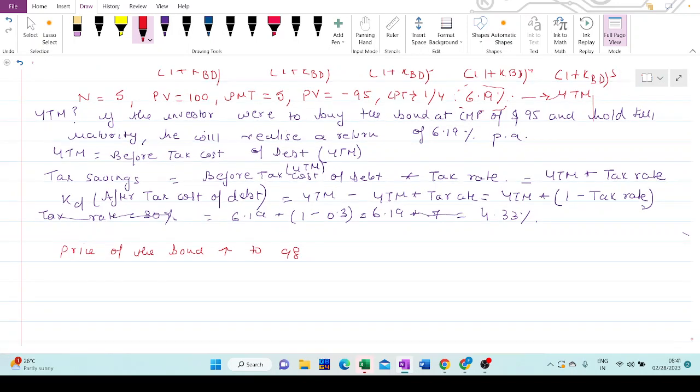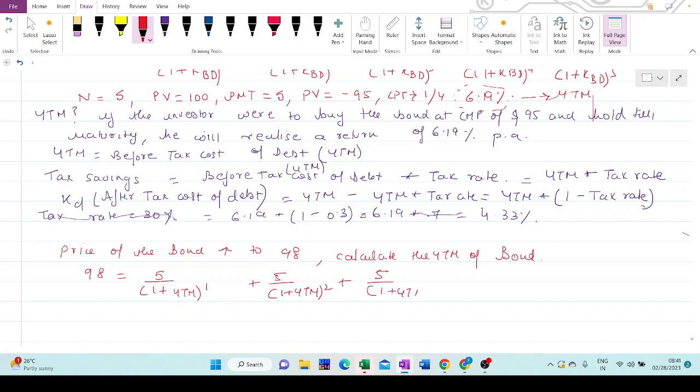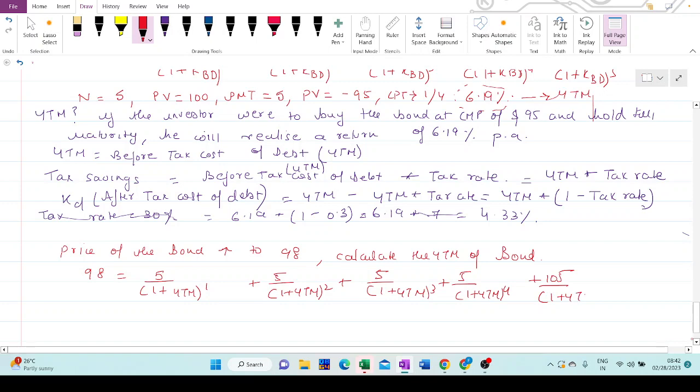Now guys, now calculate the YTM of the bond, right? How will we do so? 98 equals 5 by 1 plus YTM to the power 1, plus 5 by 1 plus YTM to the power 2, plus 5 by 1 plus YTM to the power 3, plus 5 by 1 plus YTM to the power of 4, plus 105 by 1 plus YTM to the power of 5.